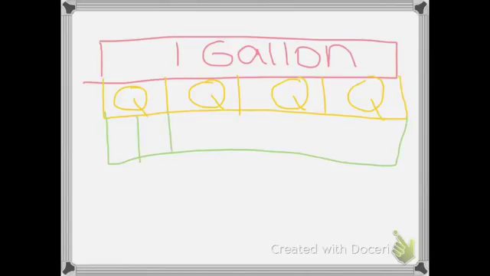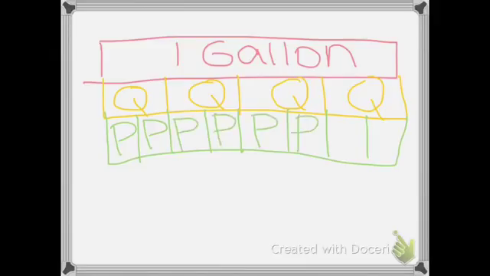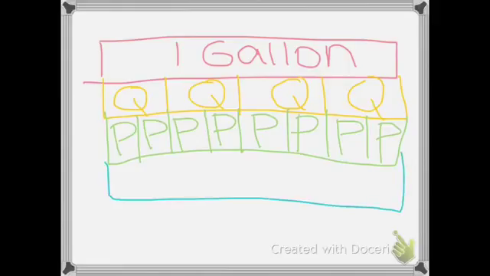So we're going to divide each of the queens into the prince and the princess for each one. Remember, these represent pints. Now, don't forget that each prince and princess had 2 crowns. So now I've got to divide each prince and princess into the 2 crowns that they had.